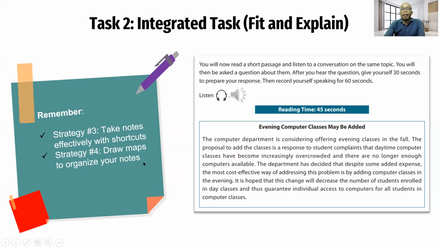And don't forget, you won't be able to see the passage after the time runs out, so make sure you note down all of the essential information to help you prepare your response later. So now let's do it.